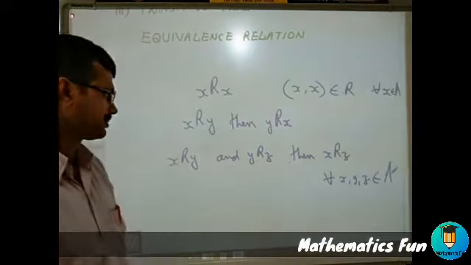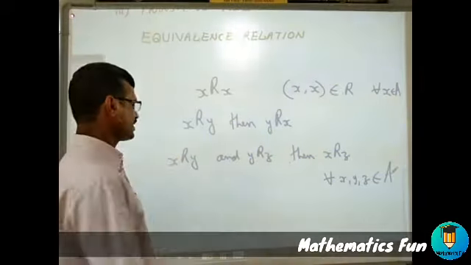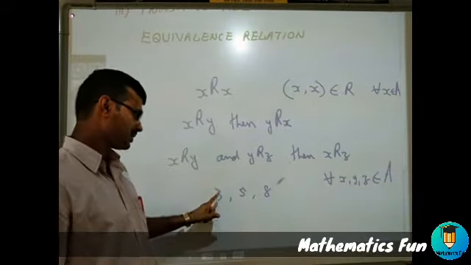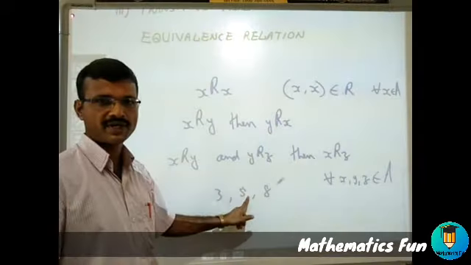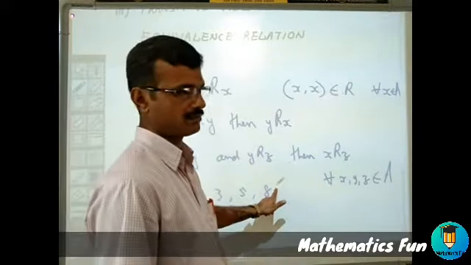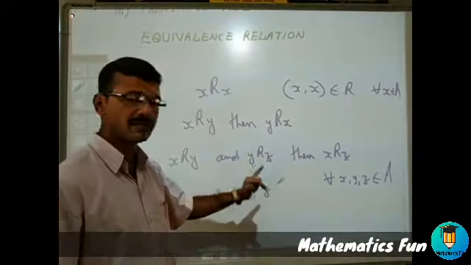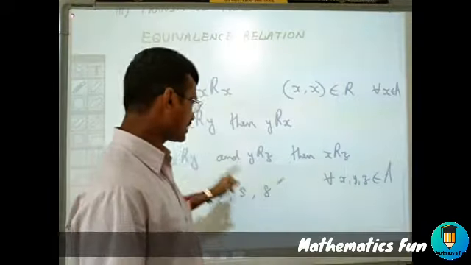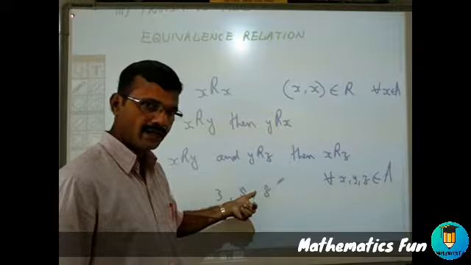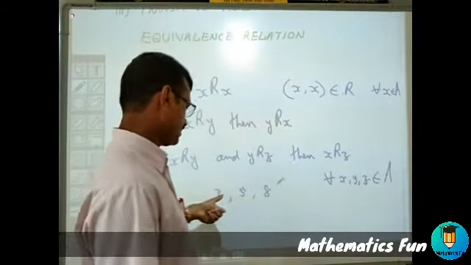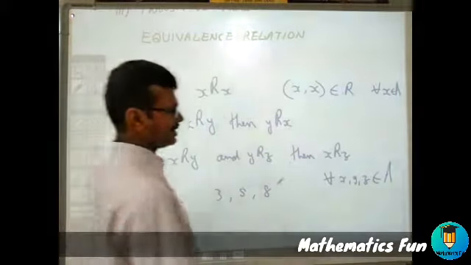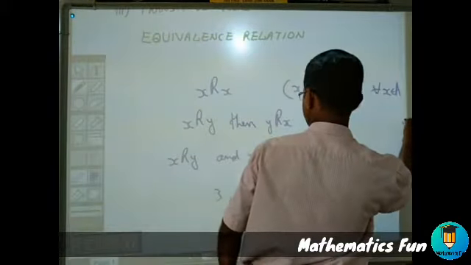For example, take the numbers 3, 5, 8, with the relation is less than. 3 is less than 5 and 5 is less than 8. Naturally we know that 3 is less than 8. This type of relation is a transitive relation.